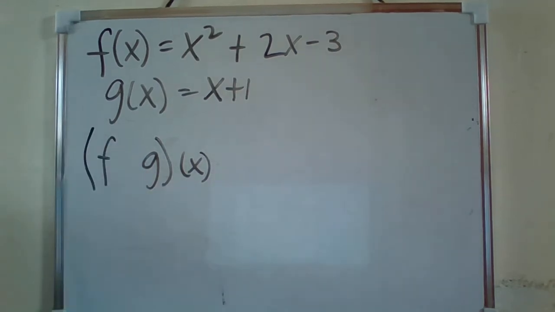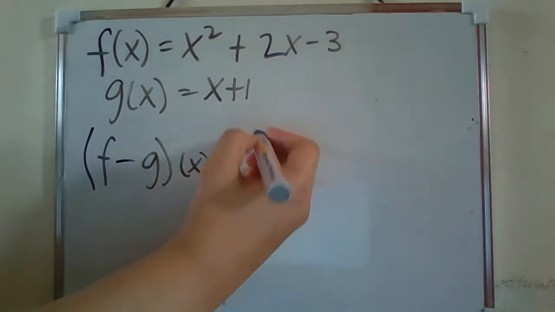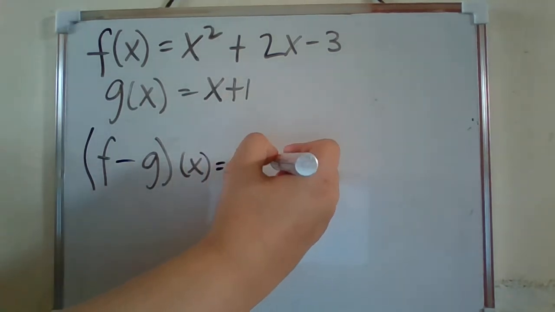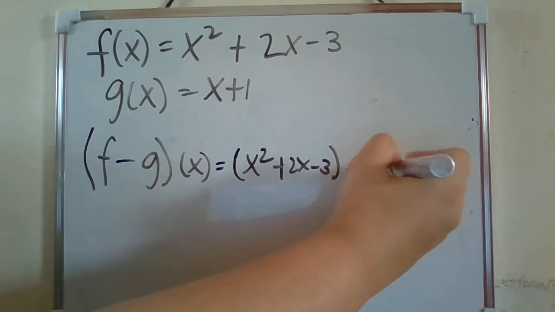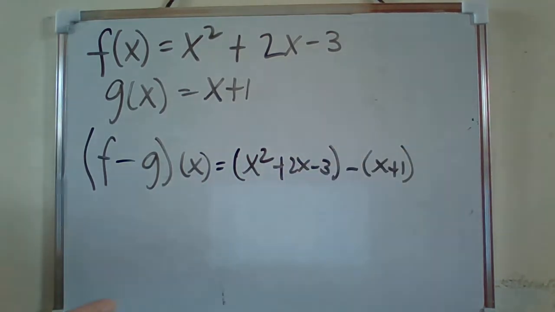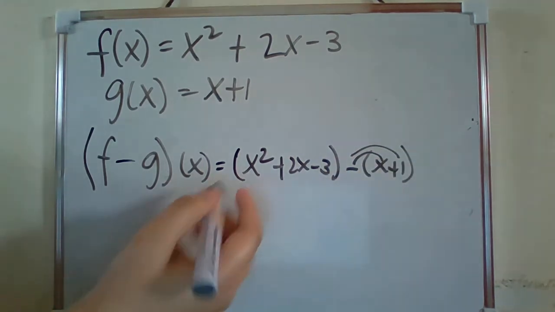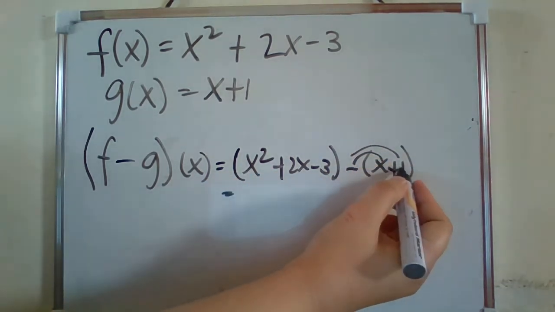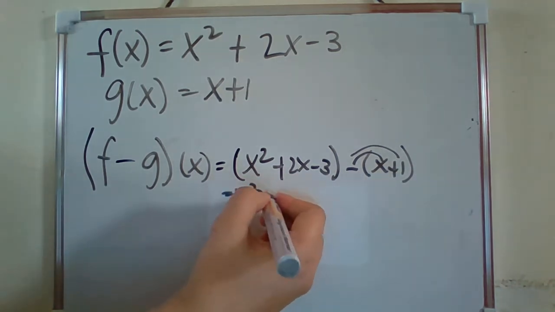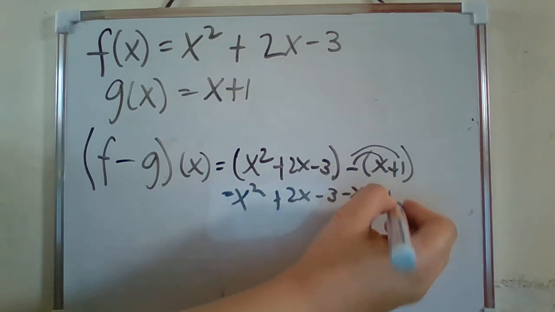And then, here, we will subtract. x squared plus 2x minus 3 minus x plus 1. Okay, so we distribute this and then we have, this becomes negative x minus 1. Okay, so x squared plus 2x minus 3 minus x minus 1.